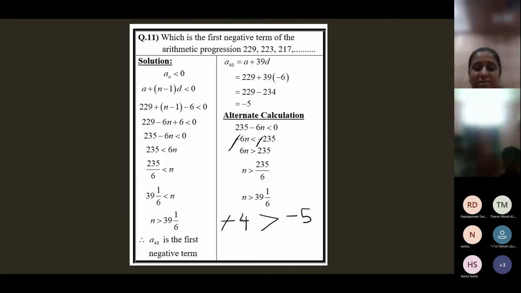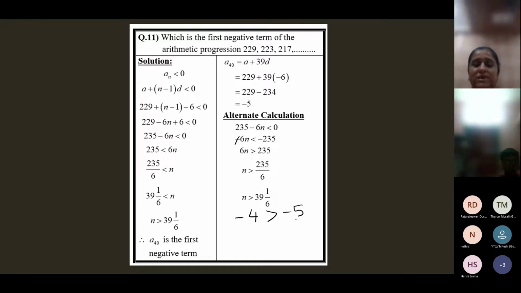Now, supposing I cancel the minus on both the sides. 4 is greater than 5. Is this true? No, ma'am. So that means in an inequality, when you cancel the minus signs on both the sides, the inequality is reversed. Minus 4 is greater than minus 5.